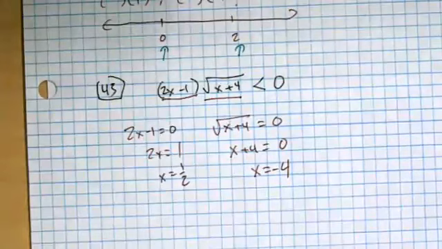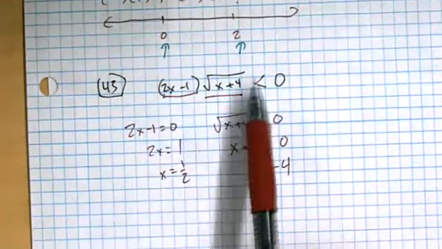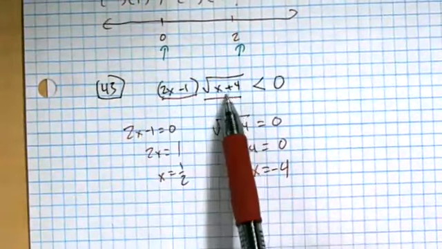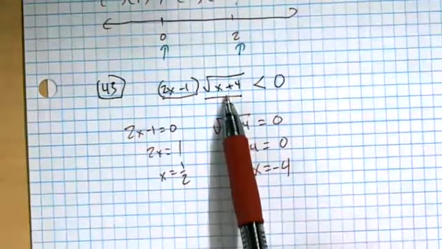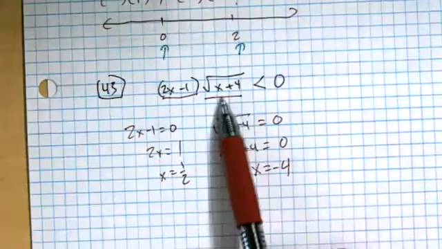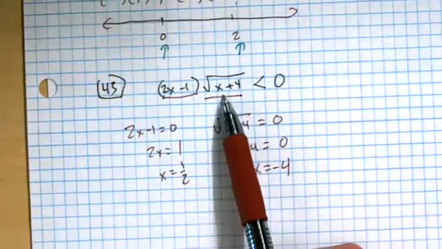Do either of these two factors have any shortcuts that might be useful to us? Which one? Yeah, this one is a little bit tricky because it's going to be positive, but sometimes it's undefined.